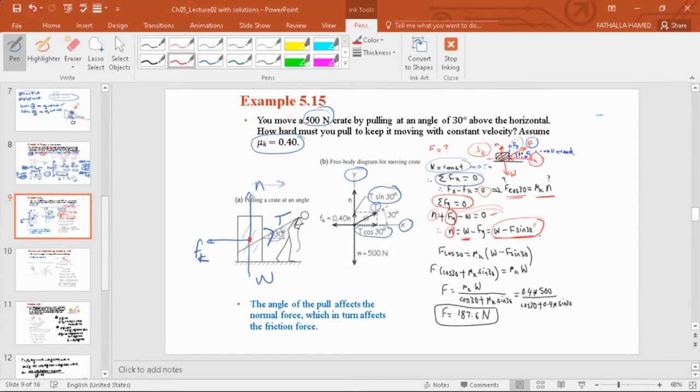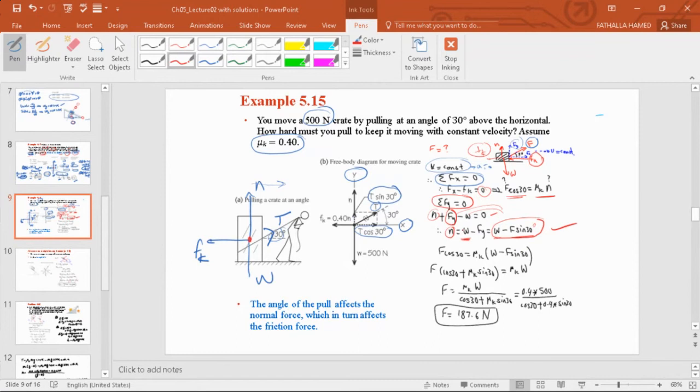And this is a case here. Actually, it's resting on a horizontal surface, but the normal force is not just equal to the weight, because there is a component of the force which is pulling up as well. It's helping the surface. And that's why the normal force here is going to be less. So you have to be careful with that.